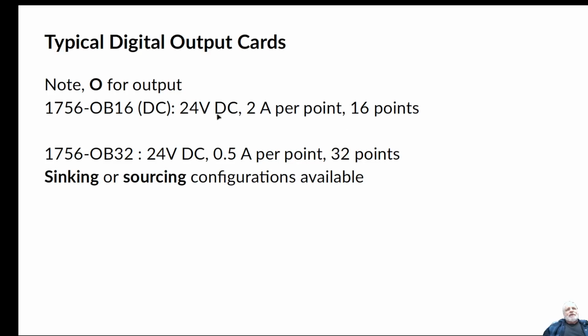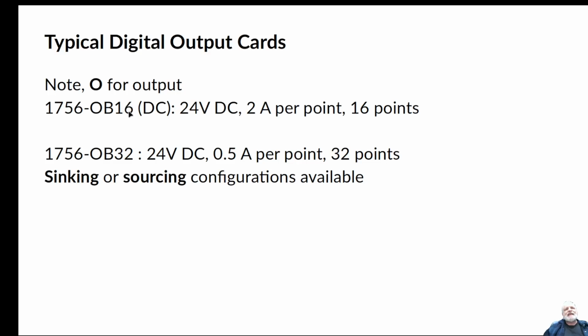All right, so I wanted to just list some information about these I/O cards. You can find this in the manuals, but I thought it'd be handy to have it here in the slides. So here is the 1756 OB16 card. I believe this is the one we have in our PLCs, but I'm not 100% sure. But the O, notice the O means output.